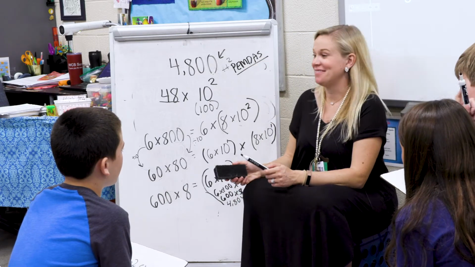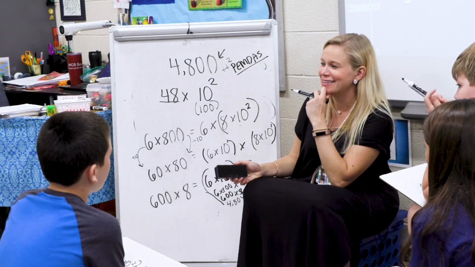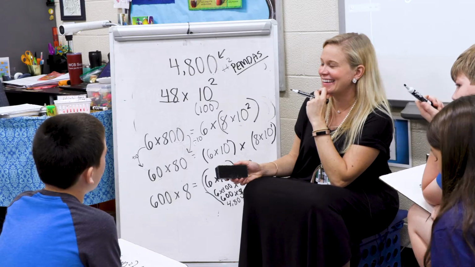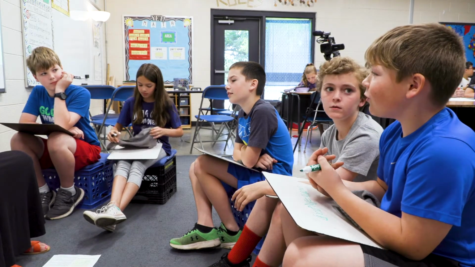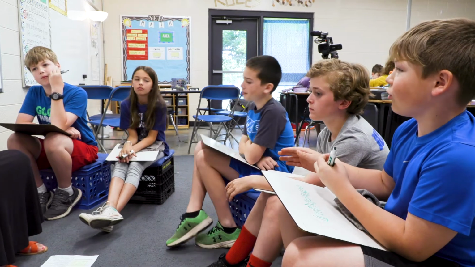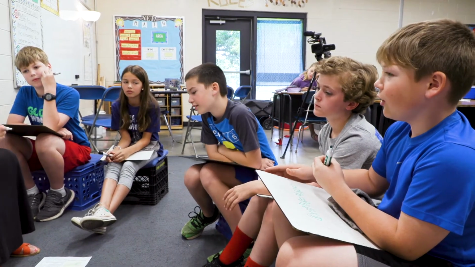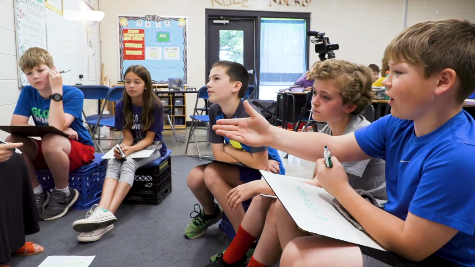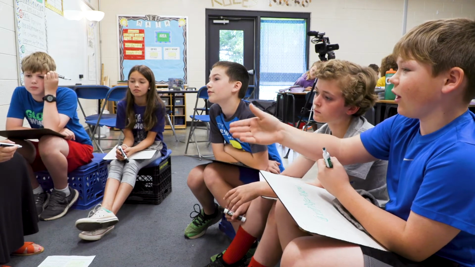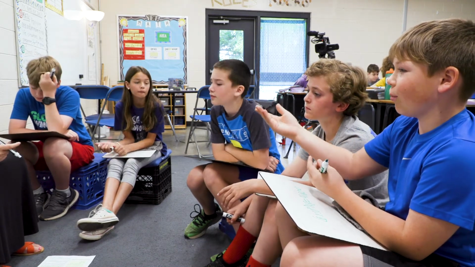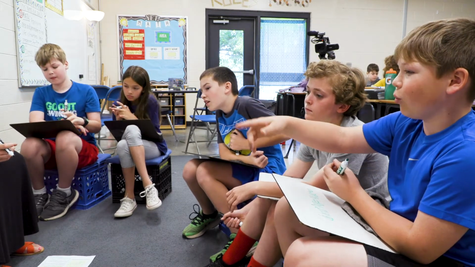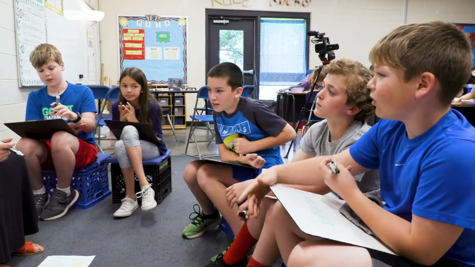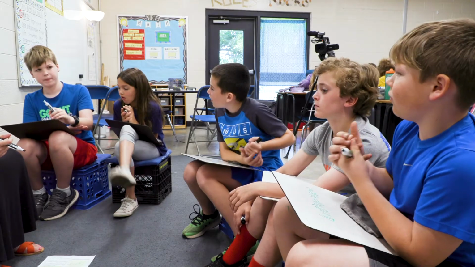Ooh, an interesting mathematical debate. Commutative is when you take the same numbers but switch them in order. And 6 times 10 in parentheses times 8 times 10 to the first power, that's not the same numbers as in the top or the bottom problem. So it's not commutative. Interesting.